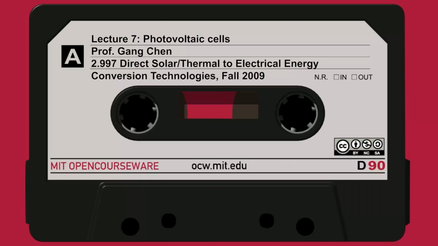So the photon goes from here to here. If the electron goes from valence to conduction band, you need to satisfy energy conservation. The photon energy gives the difference of electron-hole energy. That's the energy conservation. The second is momentum conservation.